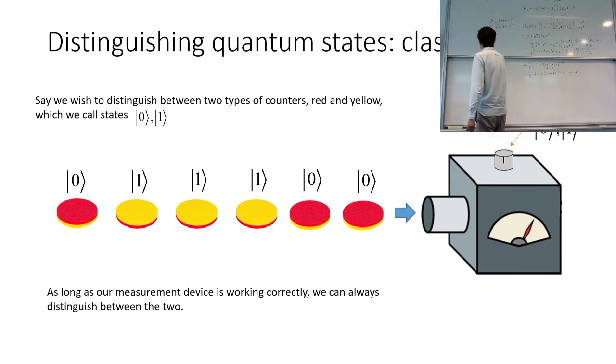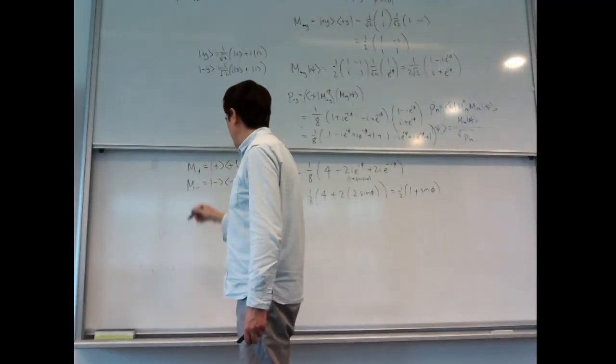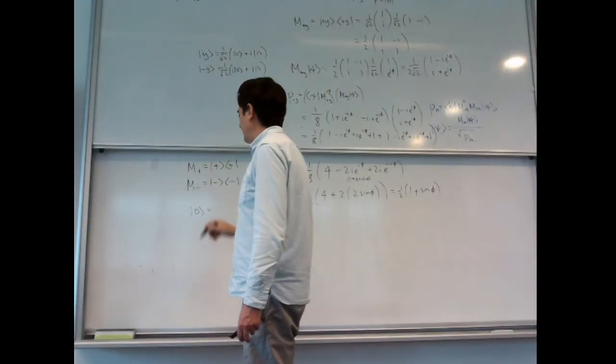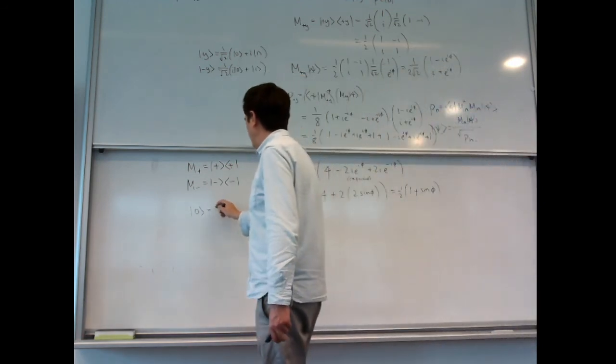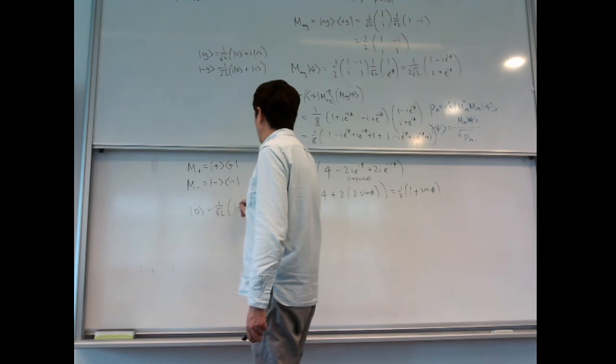So in that case, our measurement operators are going to be plus minus, and say Alice or whoever's over there sends me the state 0. We can just use the basis rewriting method because it's easier.